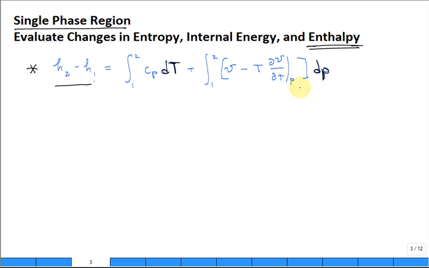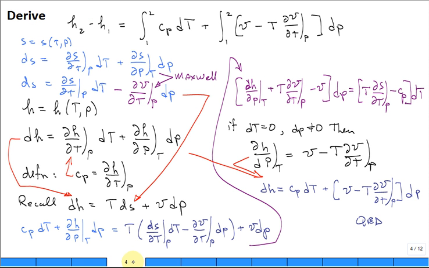How did this equation come about? Well, we can derive it. Here's the derivation. It's in the textbook, so I'll give you kind of a Cliff Notes overview of it, but it gives you a sense of how this whole chapter is put together. We start with S assumed to be a function of temperature and pressure.